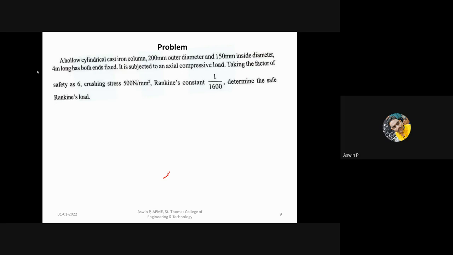And the factor of safety is given in the problem, that is 6. It's a very huge factor of safety. In most cases, we will give a factor of safety of 2 to 4. So considering the value of 6, it is a good factor of safety, capable of taking more load, even though the maximum allowed stress is 500 Newton per mm square.